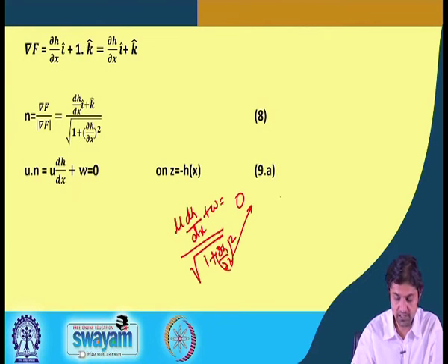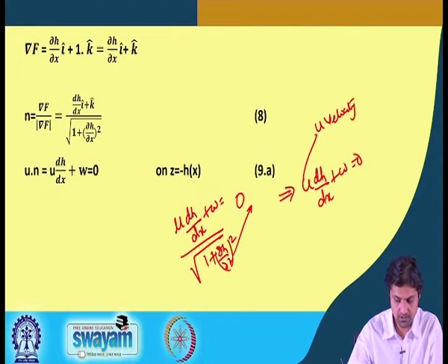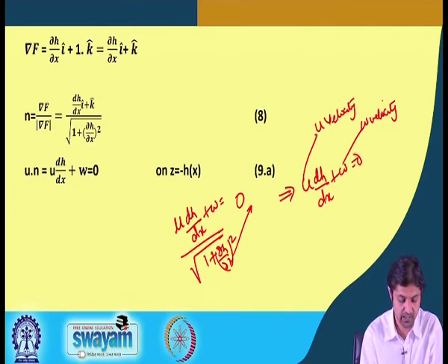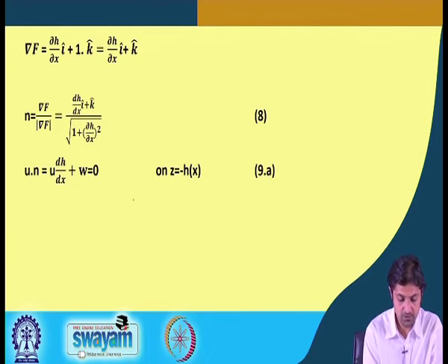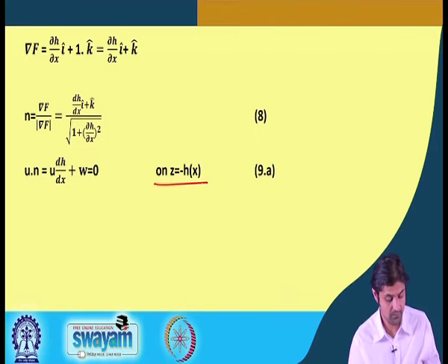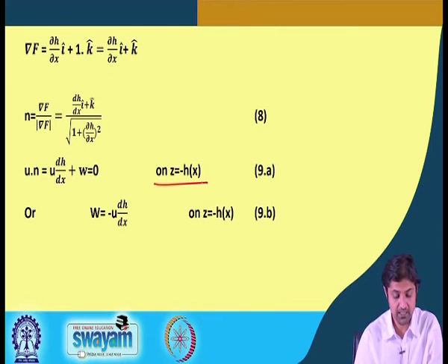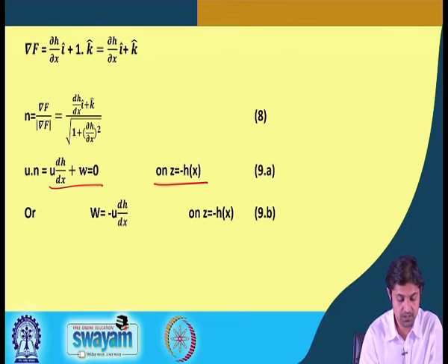Therefore, we get u dh dx plus w is equal to 0. This is the u velocity and this is the w velocity. U velocity means x direction, w means z direction. So, we get u dot n equal to u dh dx plus w equal to 0 on the surface, or we can simply write w is equal to minus u dh dx on the bottom boundary.